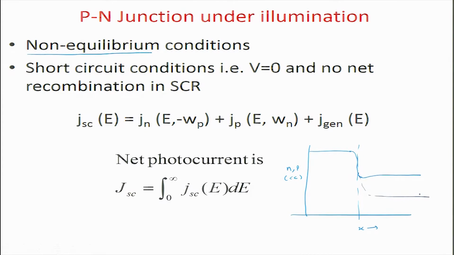Similarly, on the N side, the carrier density would be very large, and it would be very increased on the P side as well, whereas when the device was in dark, this would be the behavior.